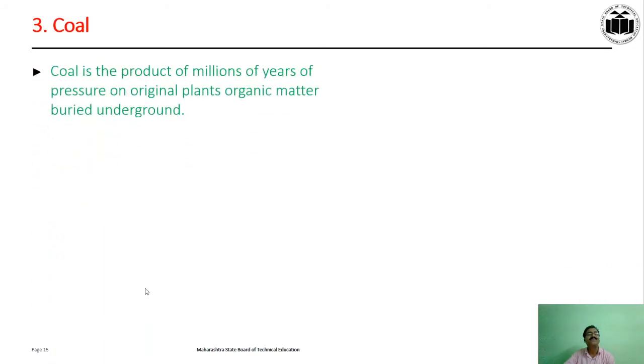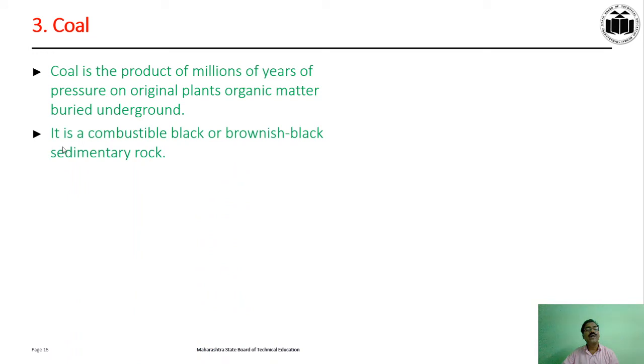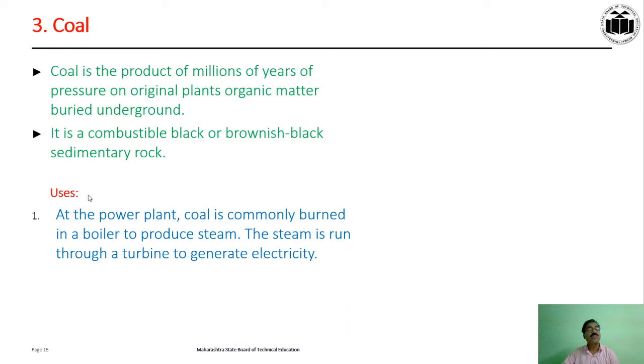Coal. Coal is the product of millions of years of pressure on the original plants' organic matter buried underground. It is a combustible black or brownish black sedimentary rock. What are the uses of coal?